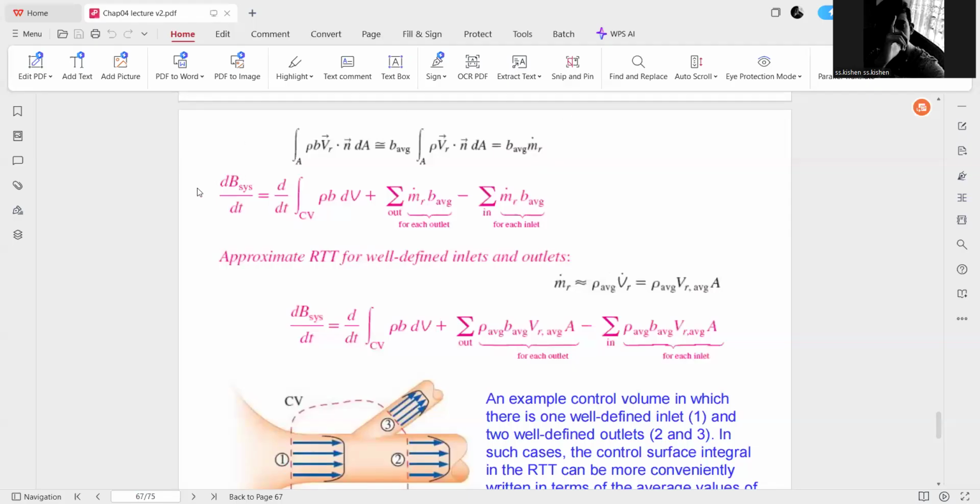Next, we see the formula for property B in terms of inlet and outlet. The formula is the total derivative of the control volume plus outlet minus inlet.